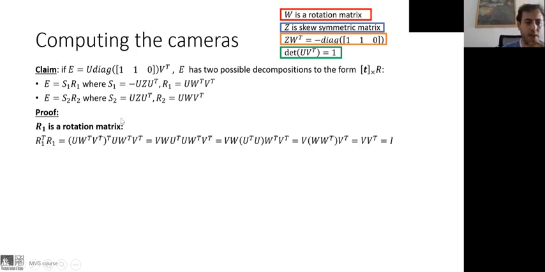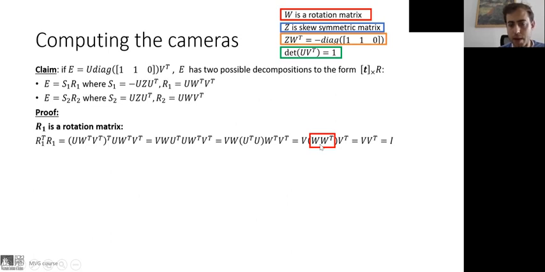So let's first show that R1 transpose R1 is an identity matrix. So we write R1 transpose here, and R1 here. Now the transpose of this matrix is just V W U transpose. So we have this expression, and now U is an orthogonal matrix, so U transpose U is just identity.